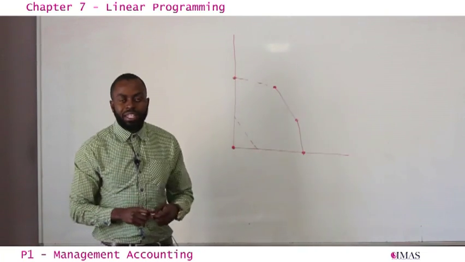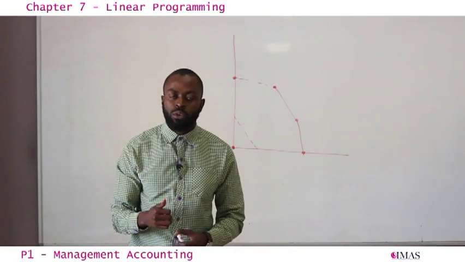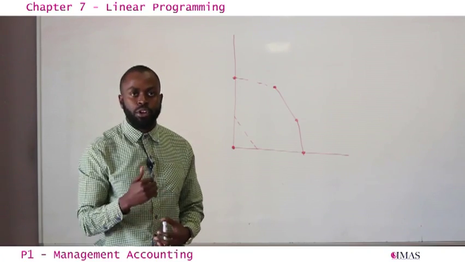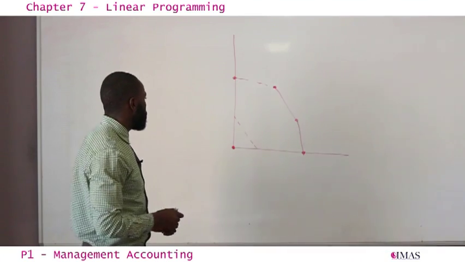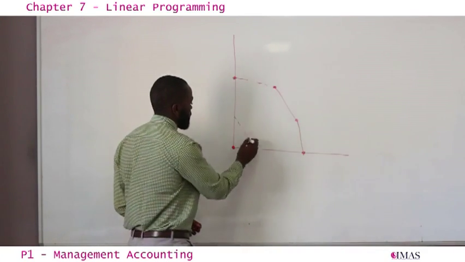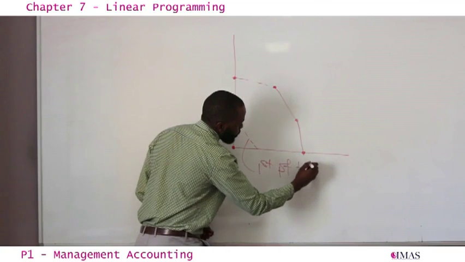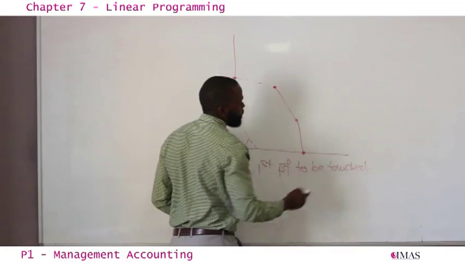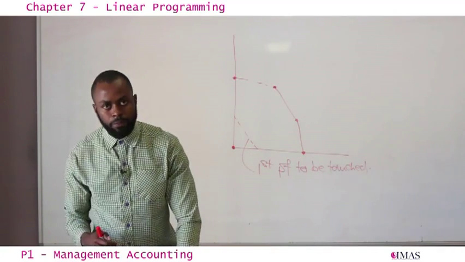But now when we slide the iso-cost line, unlike when we did it for the iso-contribution line, where we looked for the last point to be touched, for a cost minimization problem we're looking at the first point to be touched. That will be the optimum point, the first point that we touch.